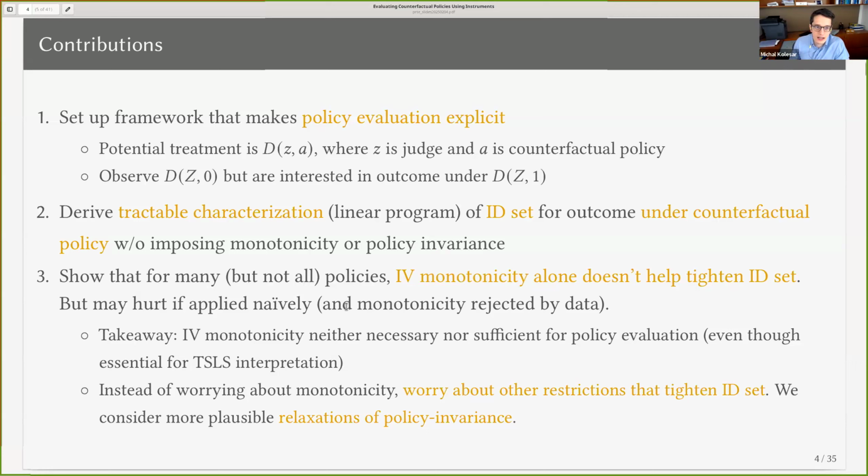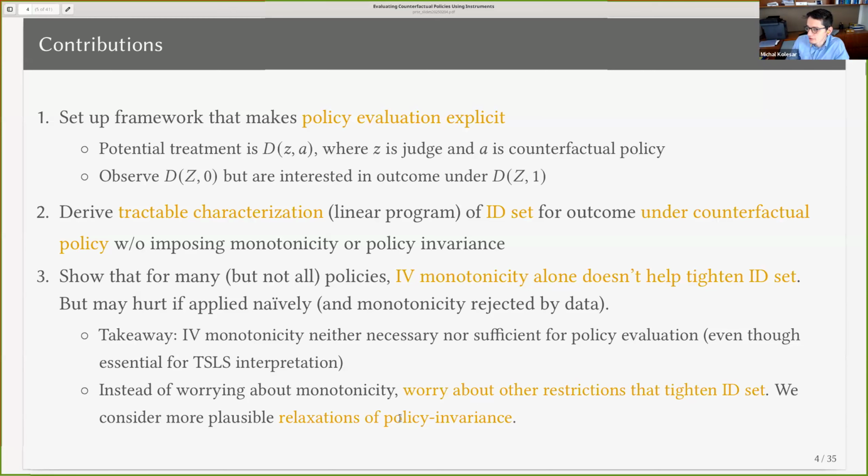And so the way I think about it is that for many types of policies, IV monotonicity is going to be neither necessary nor sufficient for policy evaluation, even though, of course, it's crucial for interpreting the two-stage least squares estimand in a causal way. And so instead of worrying about monotonicity, we'll think about what other types of restrictions help us tighten the identified set.